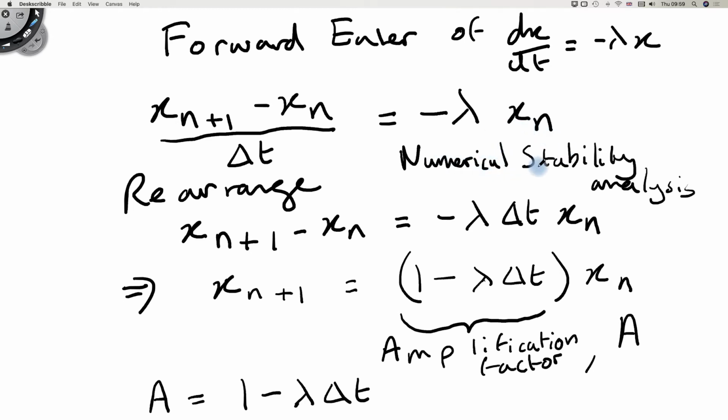This is a stability due to the fact that we discretized the equation. So we've got numerical stability analysis, and the key to numerical stability analysis, certainly in terms of the algebra, is finding this thing A. What is the amplification factor A? And then once we've got A, we can deduce things about regimes of numerical stability.